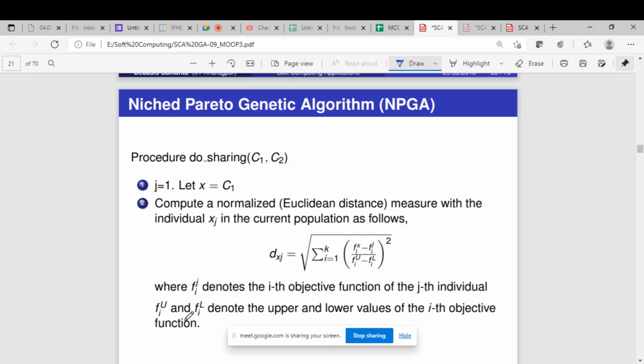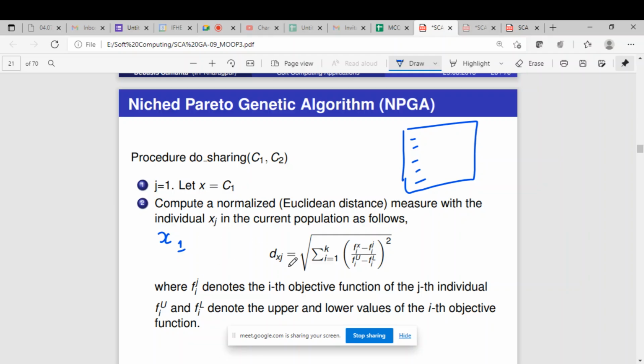We have to calculate the Euclidean distance for xj, where initially j is 1, so that is x1, the first solution. The entire solution set may have many solutions, say 100 solutions. Take the first solution.